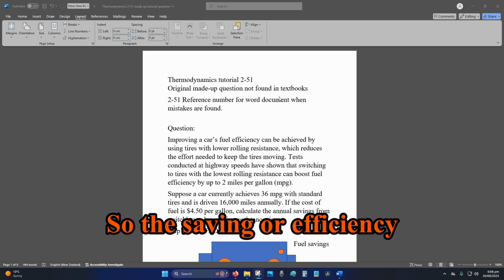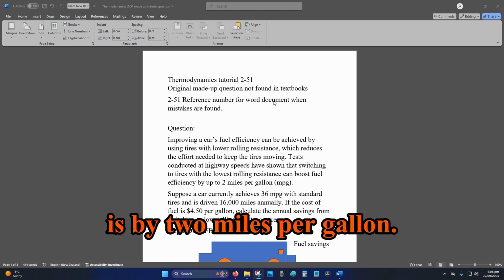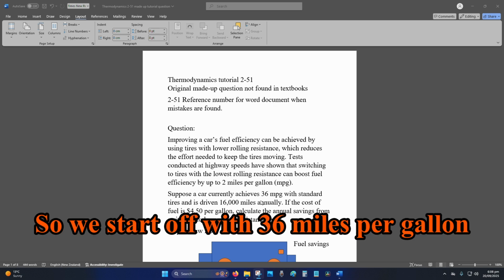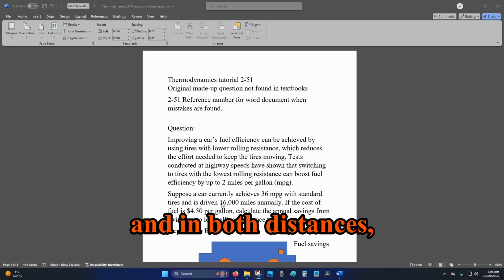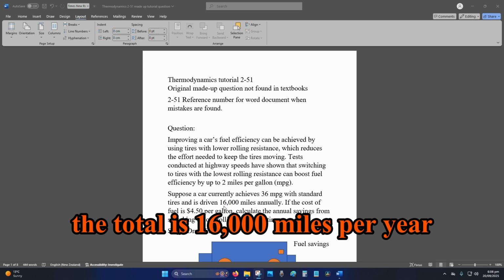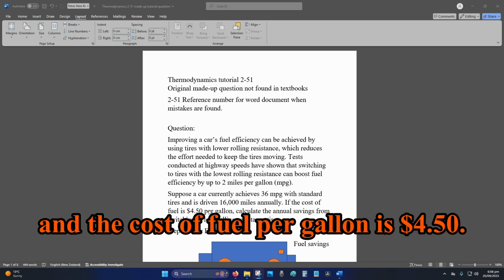The saving or efficiency is 2 miles per gallon. We start off with 36 miles per gallon, and in both cases the total distance is 16,000 miles per year, and the cost of fuel per gallon is $4.50.